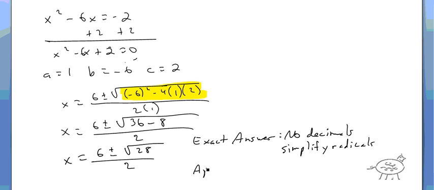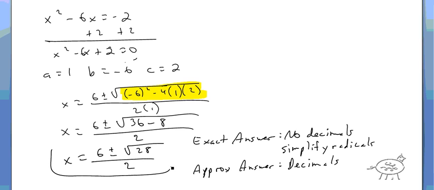And an approximate answer is decimals. Or again, it could be whole numbers, but if you have like the square root of 7, that's an exact answer. But if you take the square root of 7 and you get a decimal, that's an approximate answer.